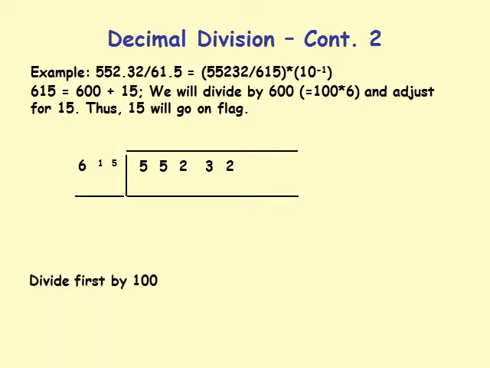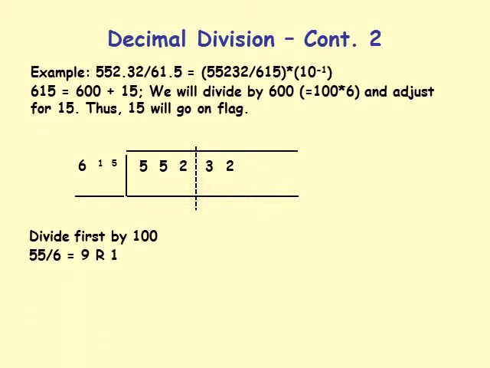So first we divide by 100, my first divisor. This mark also separates the quotient section from the remainder section. Sometimes we get a remainder on the right side, and sometimes we get a decimal fraction. In this case, we will get a decimal fraction here on the right.